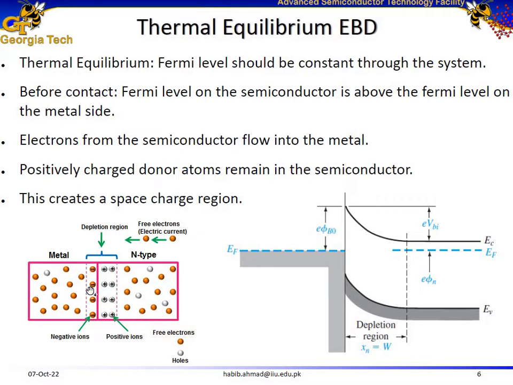And when these carriers flow to the metal side, they are going to introduce negative charges on the metal side as well. So essentially, for the metal semiconductor junction, we have separation of positive and negative charges, resulting in a depletion region. And most of this depletion region is going to be accommodated inside the semiconductor material, not inside the metal. As we discussed in the previous lectures, the depletion width is inversely proportional to the doping concentration.